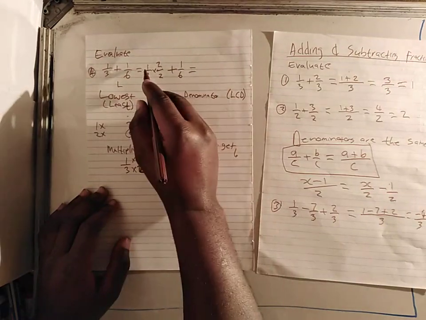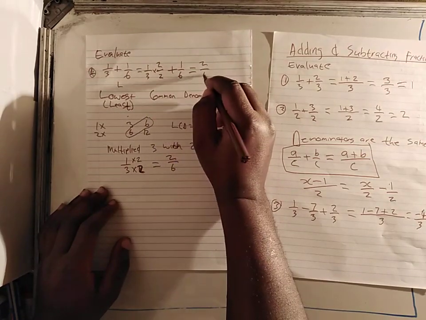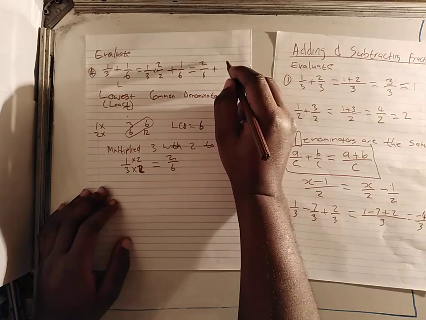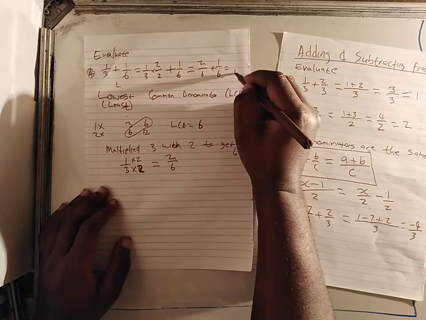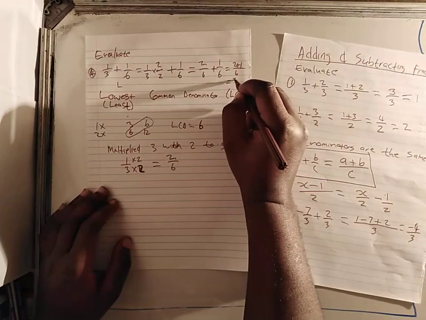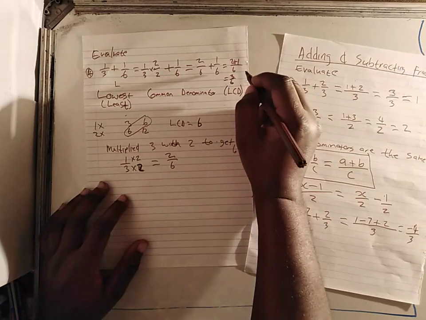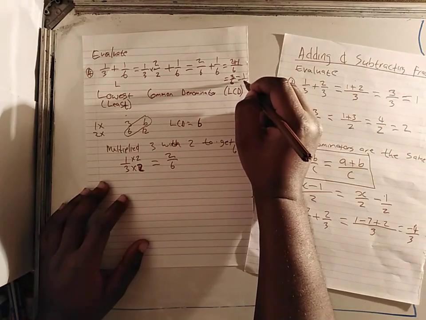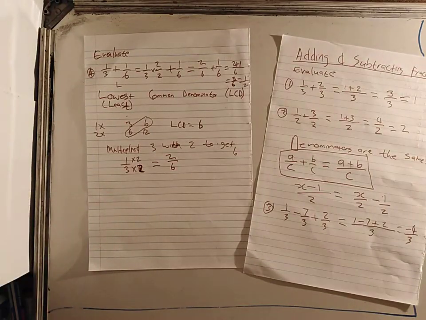This times this is 2, and this times this is 6, and then plus 1 over 6. This is equal to 2 plus 1 over 6. Now 2 plus 1 is what? This is equal to 3 over 6, and that gives you 1 over 2. Wonderful.